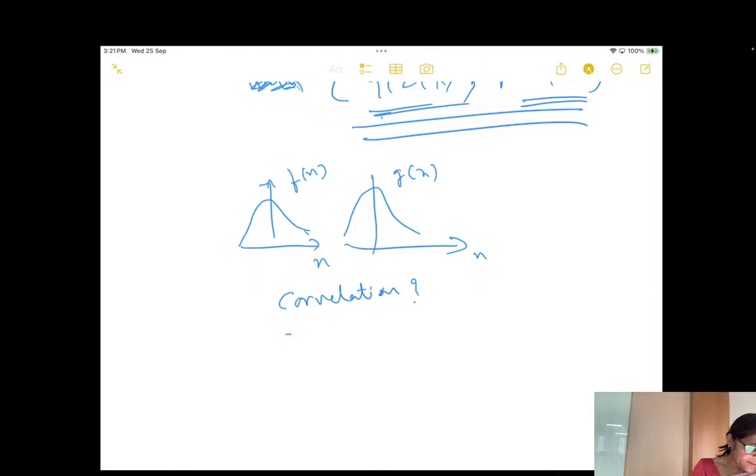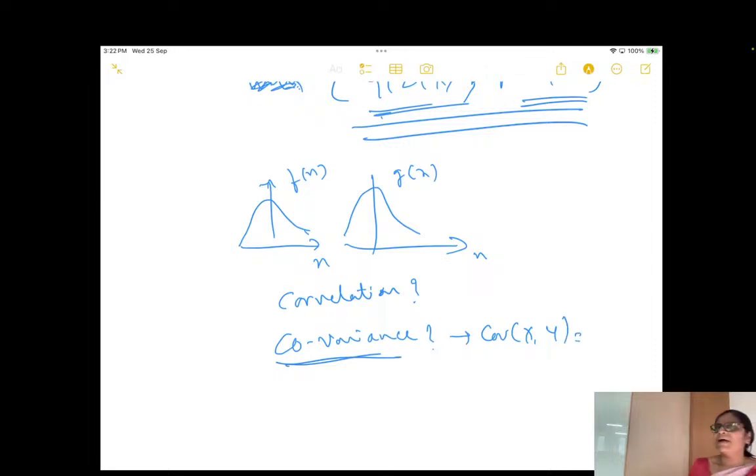Have you heard about covariance? Covariance. All of you studied probability theory, na? Yes or no? How do I define the covariance between two random variables, x and y?